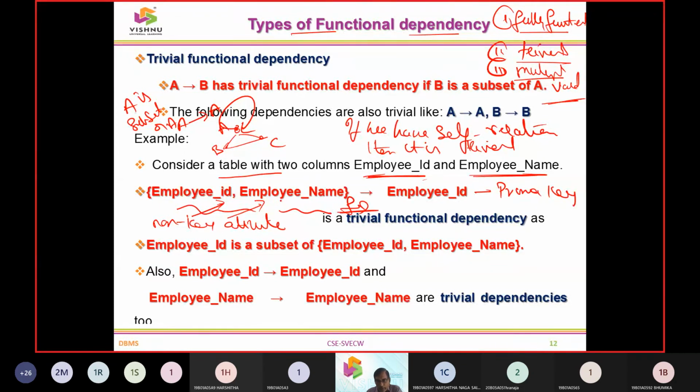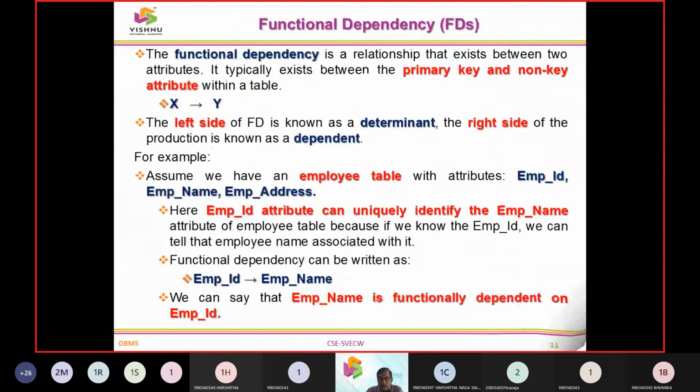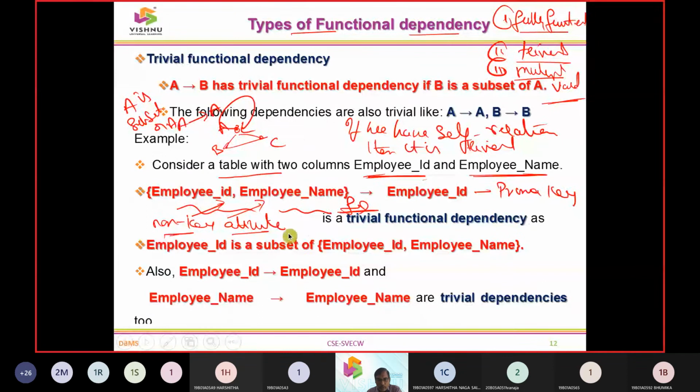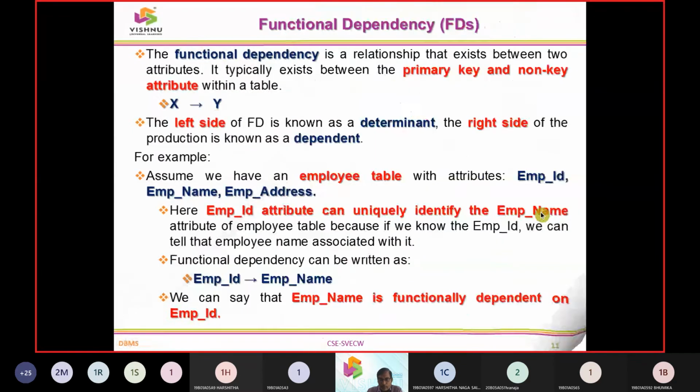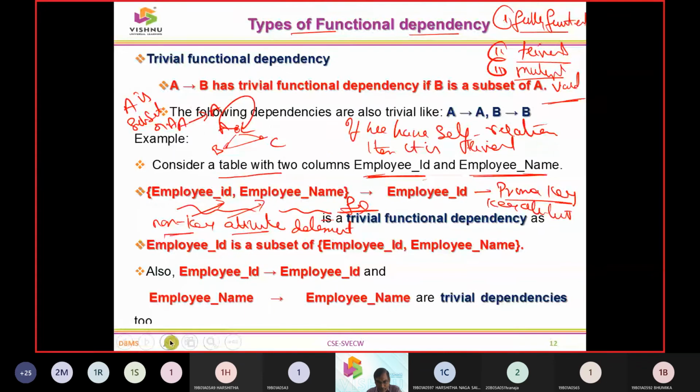Employee ID and employee name are going to be part of a set. We call the non-key attributes the determinants, and the key attribute, the primary key, the dependent attribute.